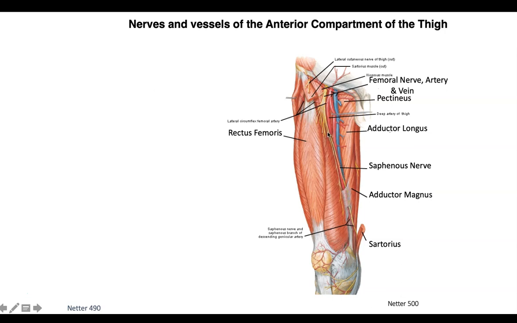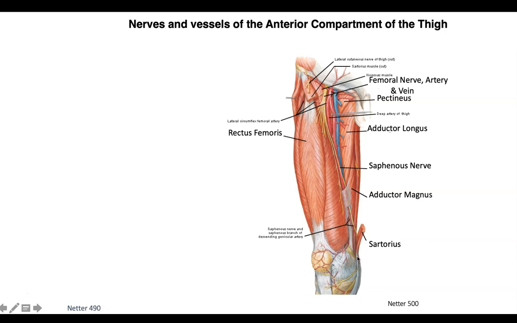Another important cutaneous branch of the femoral nerve is the saphenous nerve. The saphenous nerve arises from the femoral nerve in the upper part of the thigh, and then it courses with the femoral artery and femoral vein. Then it becomes superficial at the medial side of the knee.